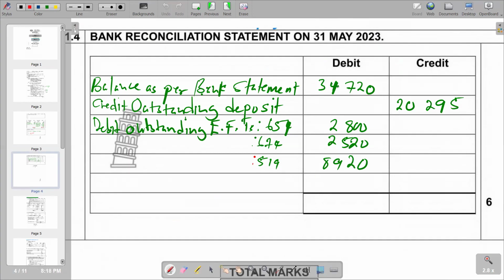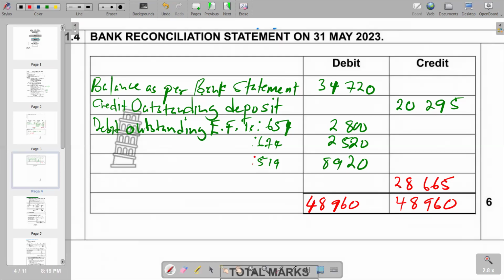If we add 34,720 plus 2,800 plus 2,520 plus 8,920, you are going to get a bigger total of 48,960, which is going to come at both sides in between the double line. You get the balancing figure by saying 48,960 minus 20,295, which is the total of the credit side, and the balancing figure which is supposed to come here is 28,665.